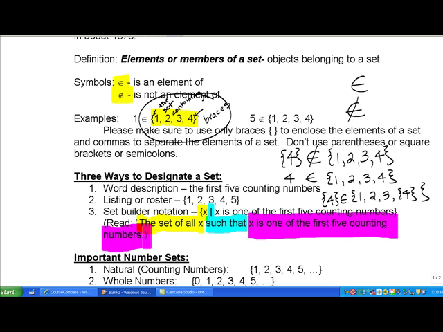We simply use a word description there. So it basically exactly matches what it says in the word description. Okay, so the set of all x such that x is one of the first 5 counting numbers.